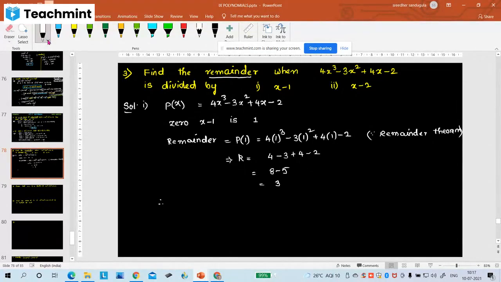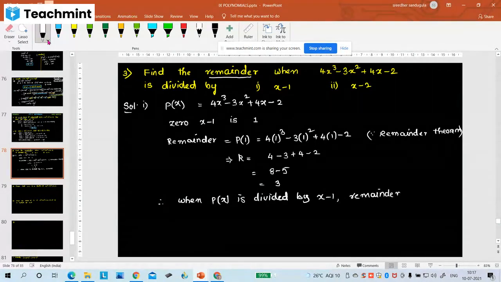Therefore, when P of x is divided by x minus 1, what is the remainder, children? The remainder equals 3.